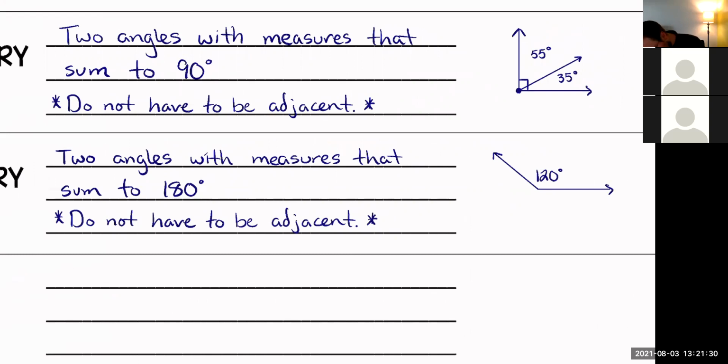And then I'm going to draw a second one and say that this one is 60 degrees. So even though they're not adjacent, because if you were to add their two measurements together they equal 180 degrees, we could say that those two angles are in fact supplementary.